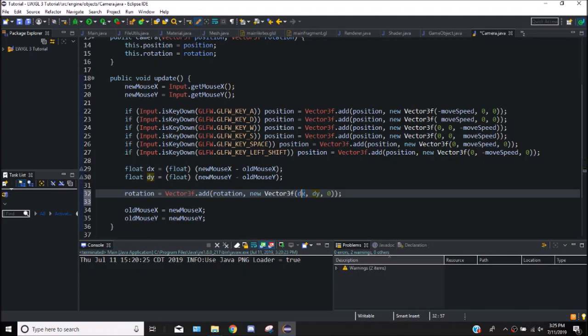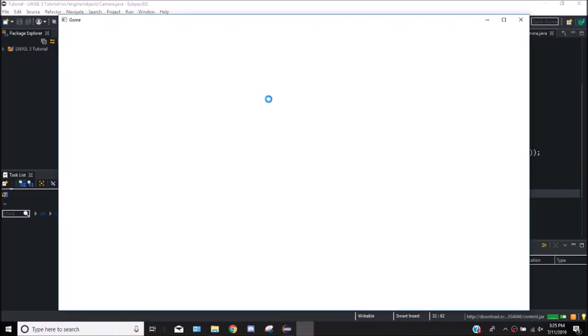So we actually have to flip these, and we also have to make them negative, because going negative this way makes the rotation go the other way, because of OpenGL rotation stuff. It's whatever.